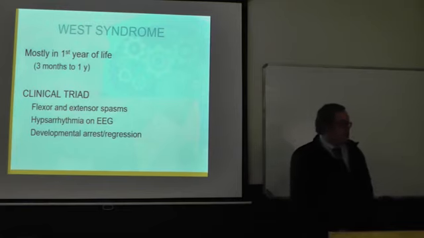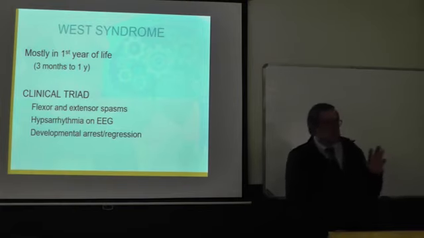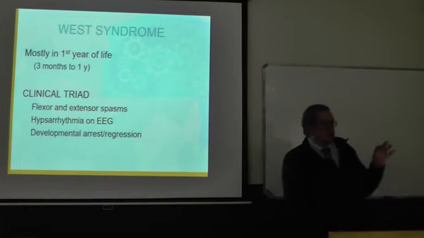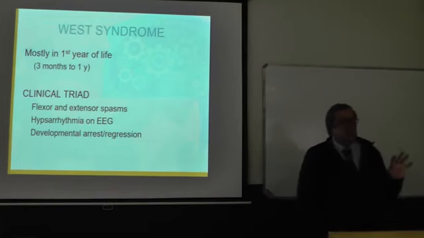So you have flexor and extensor spasms, and then you've got a very specific abnormality on the EEG. It's a totally chaotic EEG, and it's called hypsarrhythmia, and there's developmental arrest or regression. So it's really important that you try and diagnose these early.